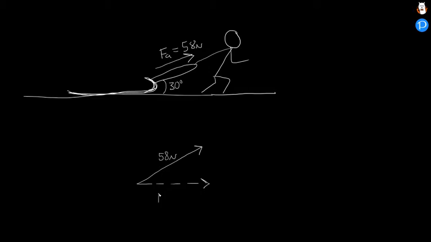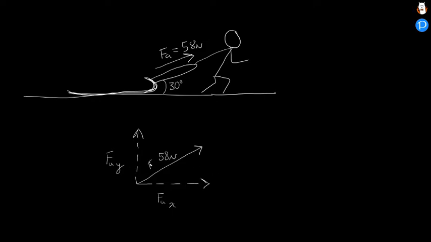So I'm going to label that as the force applied in the x direction. And then it also feels a force component that is in the vertical direction. So force applied in the y direction.